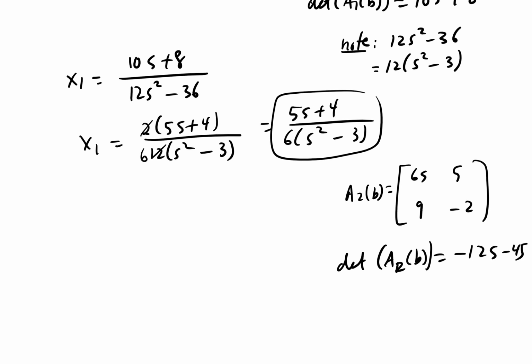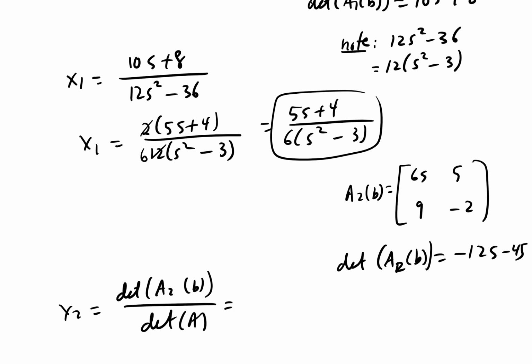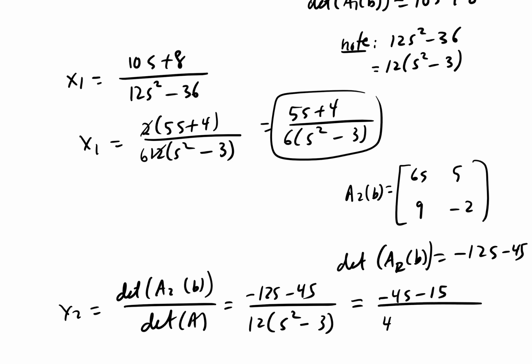So that gives us x2 equals the determinant of A2 of b over the determinant of A. We found negative 12s minus 45, and the other one was 12 times s squared minus 3. You can divide top and bottom by 3. You get negative 4s minus 15 over 4 times s squared minus 3. That's x2.